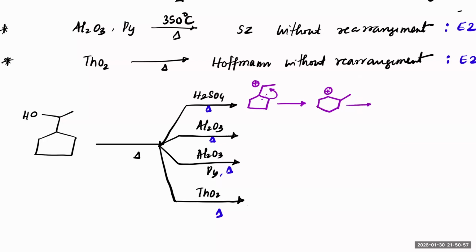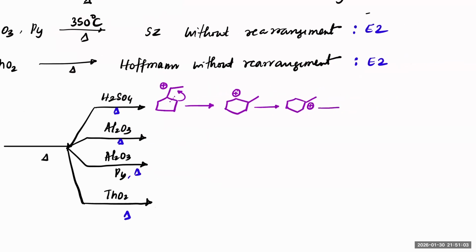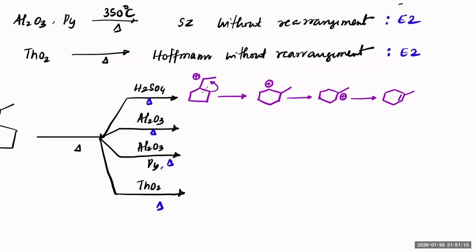And that positive charge can be further migrated back to the tertiary position. And that's when the major product will form by making an elimination. So that's how you'll get a double bond here. So this is major. And next, if you take Al2O3 and heat also, same product will form. Same as above.